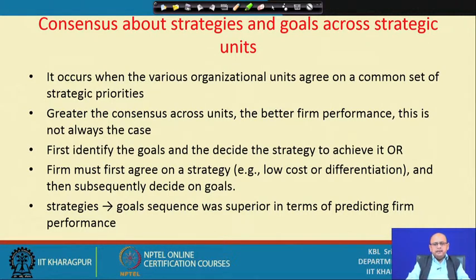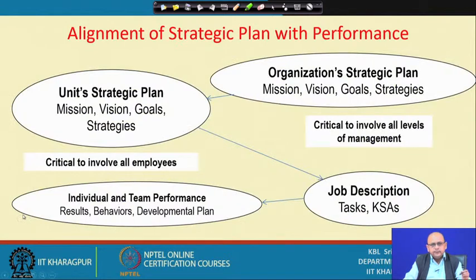The second opinion is that first you decide about the goals that are to be achieved and then you talk about the strategy, right. So, there could be different opinions, either you go for a goal and then go for a strategy, or you decide about the strategy and then you think about the goal, right. But whatever you want to do, you ensure that it is going to predict the performance of the organization.